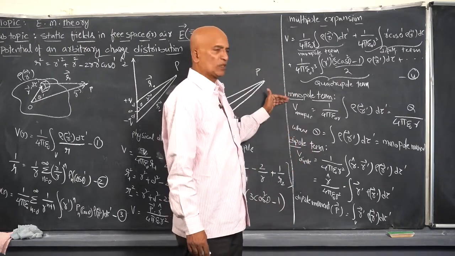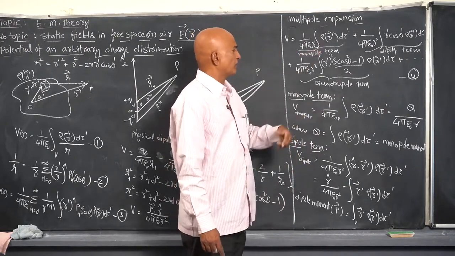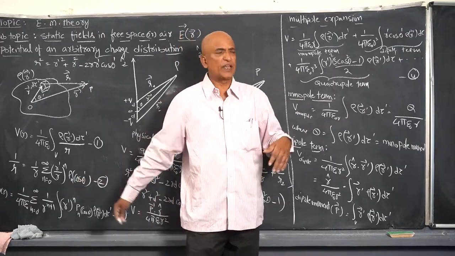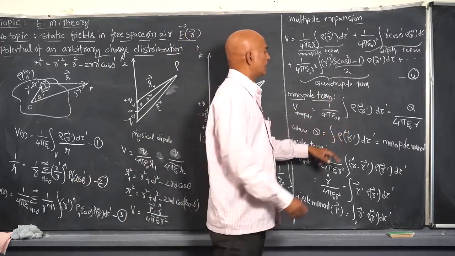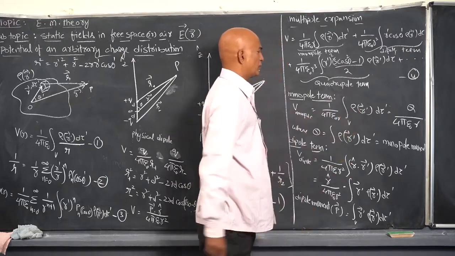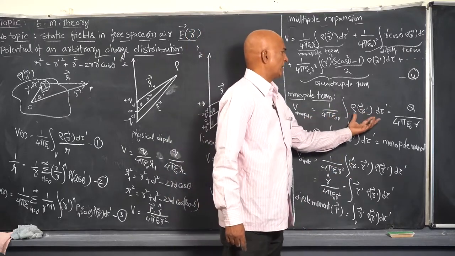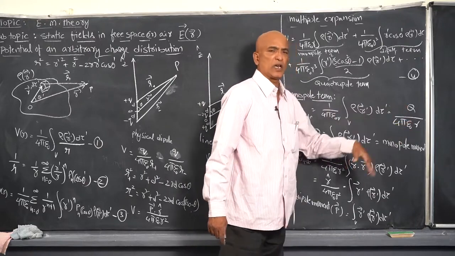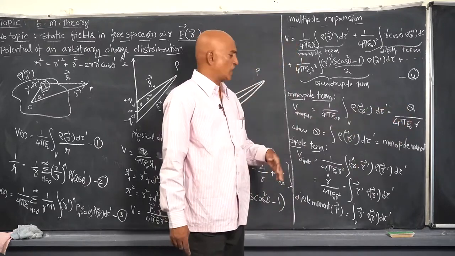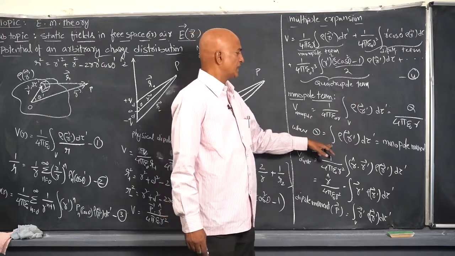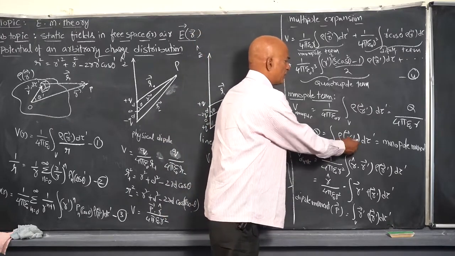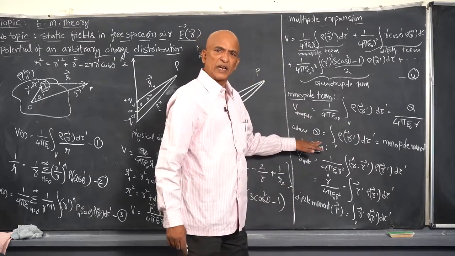Now coming to the monopole term. The first term is the monopole term. When you put n is equal to 0 in equation 3, you will get 1 by 4 pi epsilon naught r into the volume integral of rho of r prime d tau prime, and we are writing this as q by 4 pi epsilon naught r. What is q? q is the net charge, or monopole moment, of the charge distribution. The volume integral of rho of r prime d tau prime is the net charge.